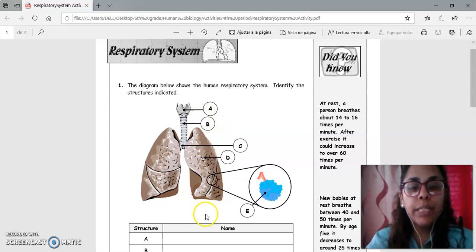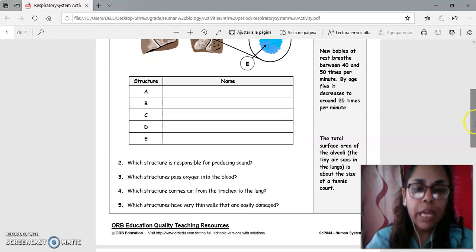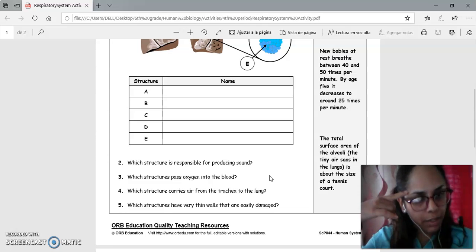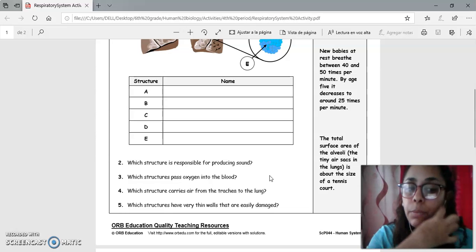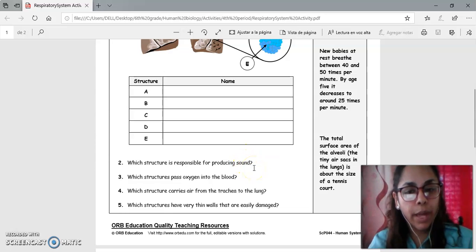All you have to do is place the names of every part of the respiratory system, which are in the presentation. These questions here are for you to investigate and think, okay? They are not in the presentation, so you have to investigate by yourself, and you have to think, okay?